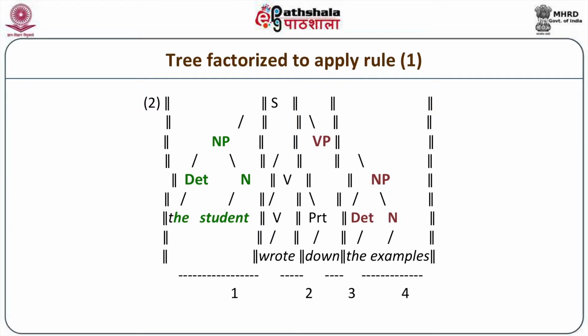On the basis of that factorization, the transformation now goes about its business of changing the tree. What does it do? It removes the third factor, PRT, from the position where you find it, and it places it to the right of the fourth factor, which is shown as y.